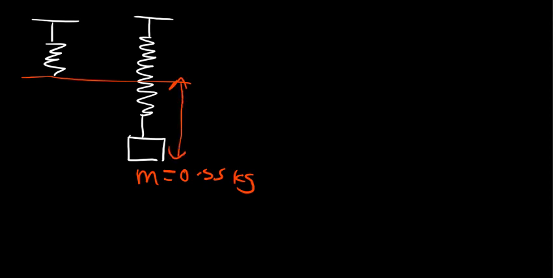So you see here, they are saying that after putting this block of mass 0.55 kgs, they discovered that the spring was stretched from this point all the way to that point, and the distance they gave was 2 centimeters.